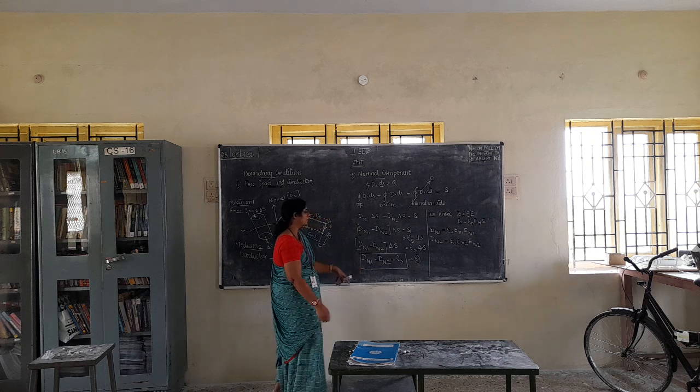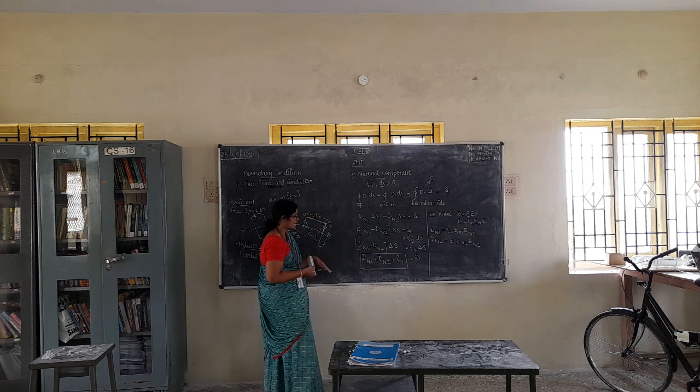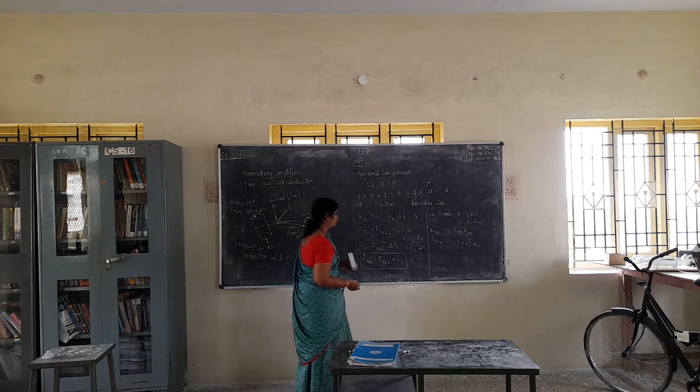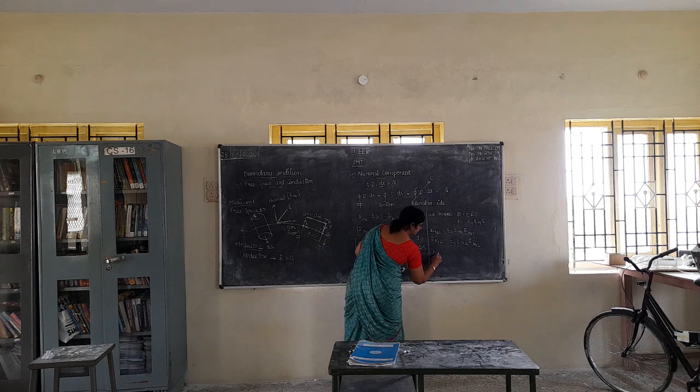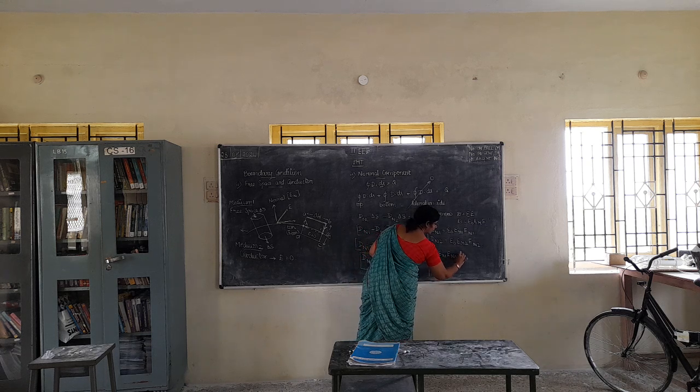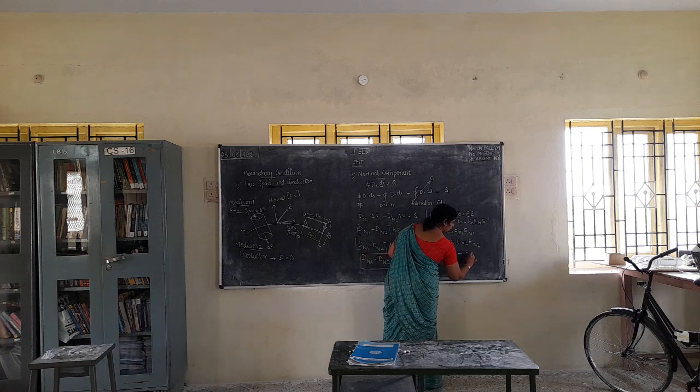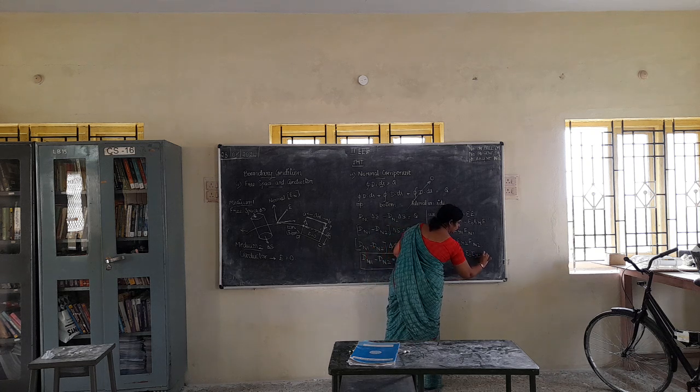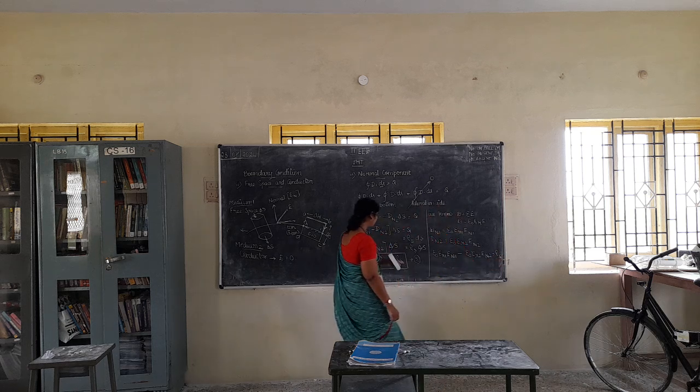Can you substitute it? Epsilon naught epsilon R1 En1 minus epsilon naught epsilon R2 En2 will be equal to rho s. Write down.